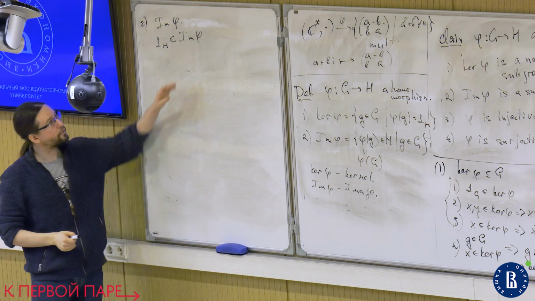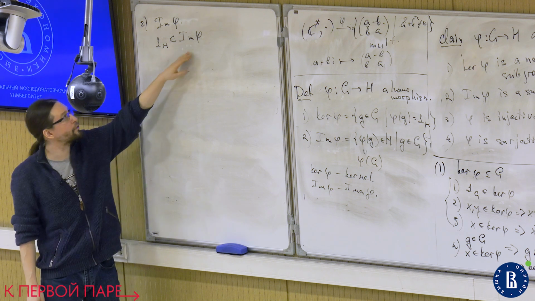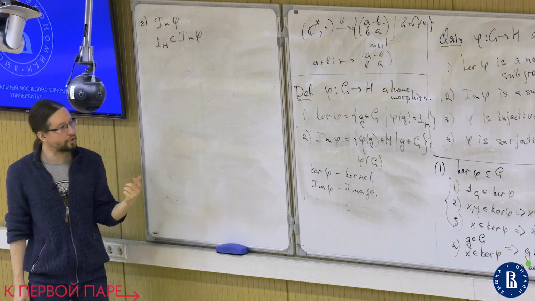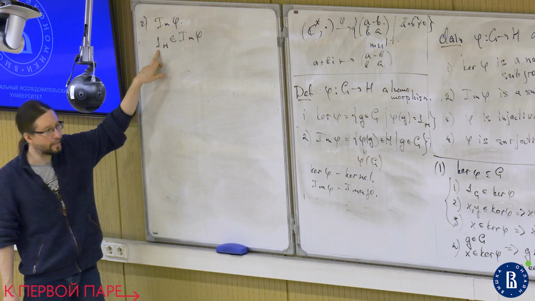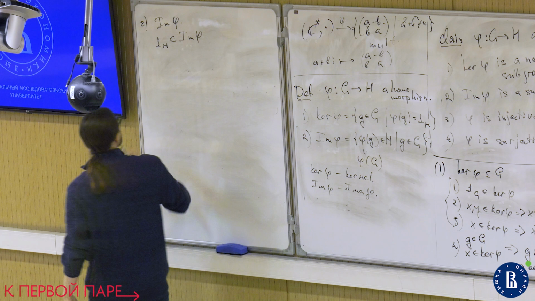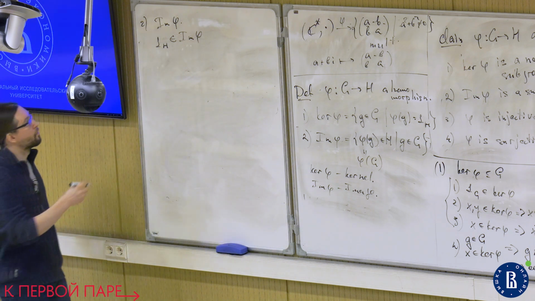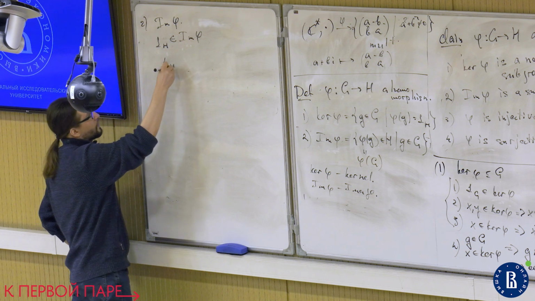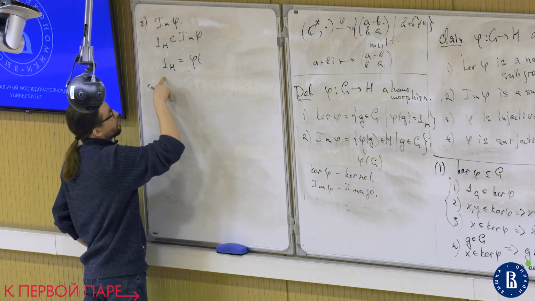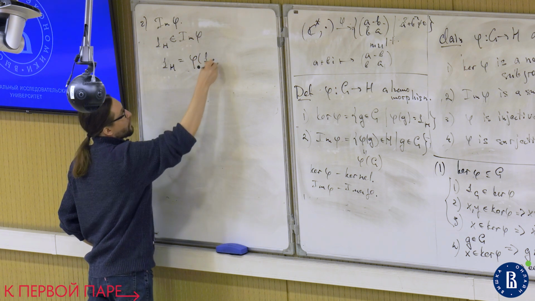Okay, how to prove that something belongs to the image? Well, in order to prove that something belongs to the image, we need to represent this element in this form. So we have to rewrite the neutral element of H in terms of the homomorphism phi. So we can write that the neutral element of H is equal to phi of the neutral element of G.